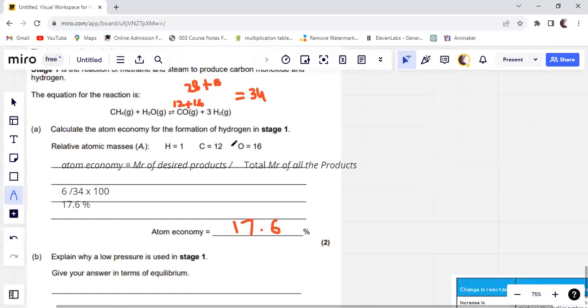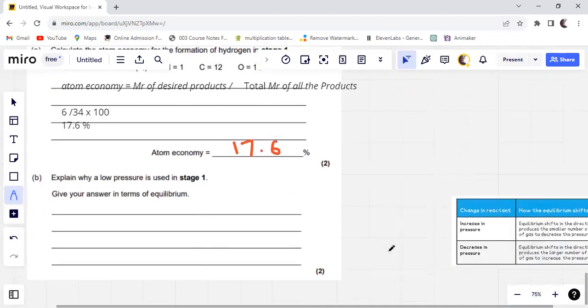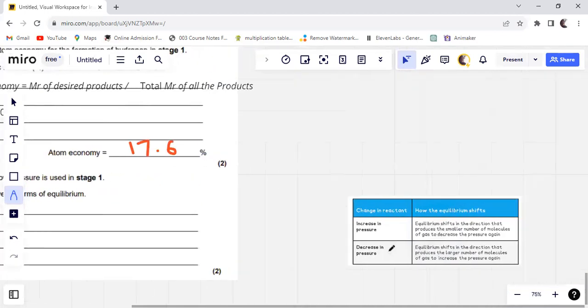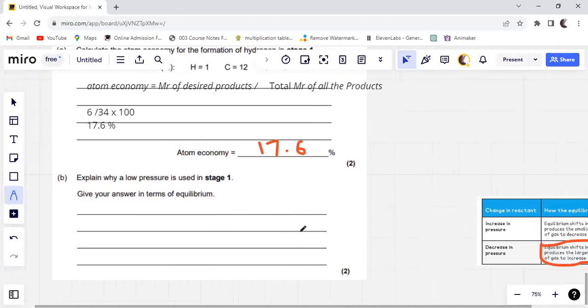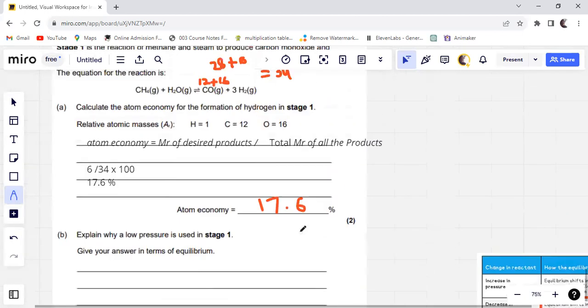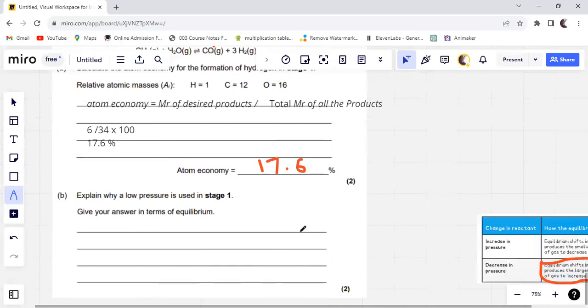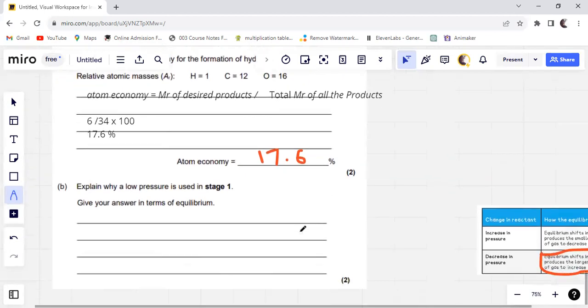Whenever we lower the pressure, it will shift the equilibrium to the side which produces the larger number of molecules. So it will shift the position to the right hand side and make more of our products, more carbon monoxide and hydrogen gas.